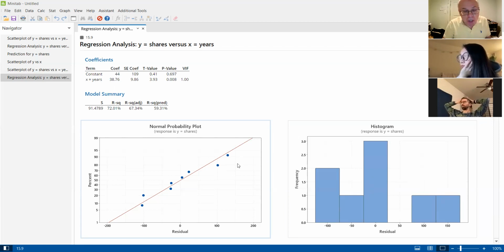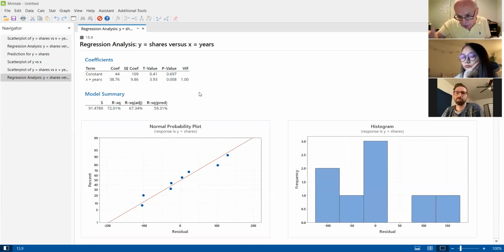The independence of the observations, we would assume each employee has nothing to do with any other employee. So that would also be met. And the third condition has to do with the variance. Remember, the idea is that the variance is fairly constant across the residuals.